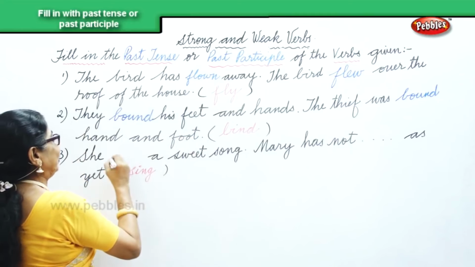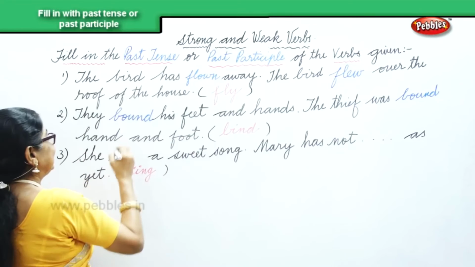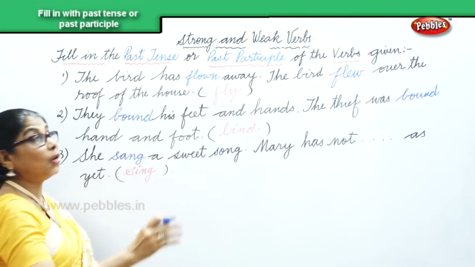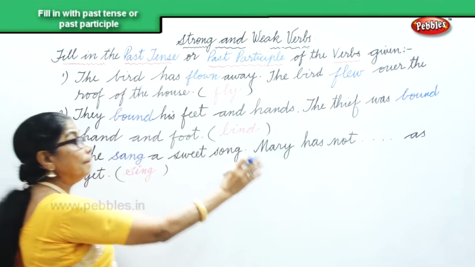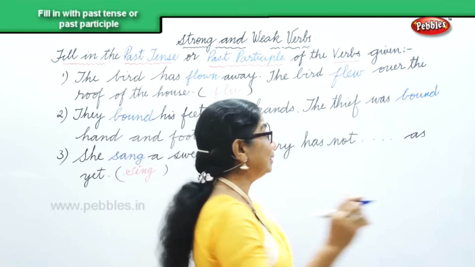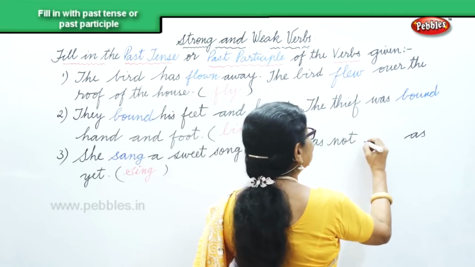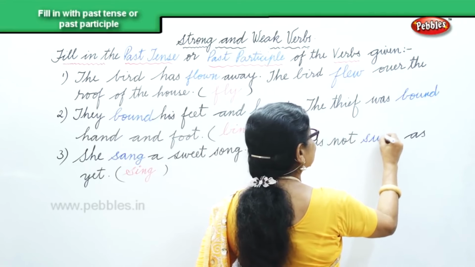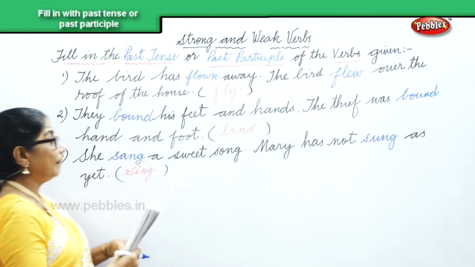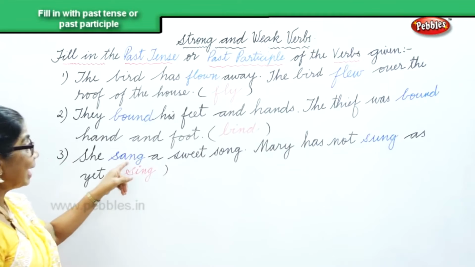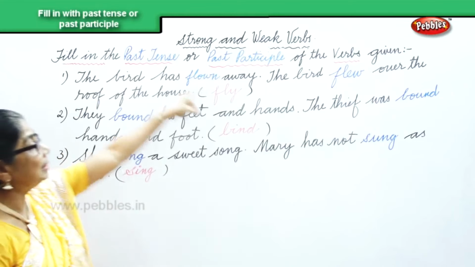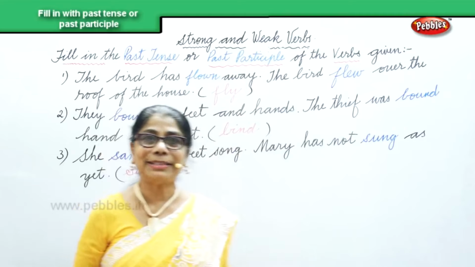Sing, sang. That is the past tense. She sang a sweet song. And the past participle, Mary has not sung as yet. So you have sing, sang, sung. Sing is in the present tense, sang is in the past tense, sung is in the past participle.